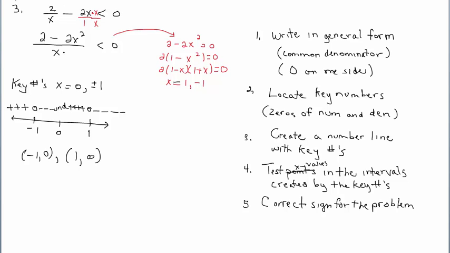We located the key numbers by getting the zeros of the denominator and the numerator, and we put those on the number line. We chose particular values in the sections created by those key numbers to see if the result was positive or negative, and then we went back and looked at our inequality symbol to see which ones we wanted, the positive or negative solutions.